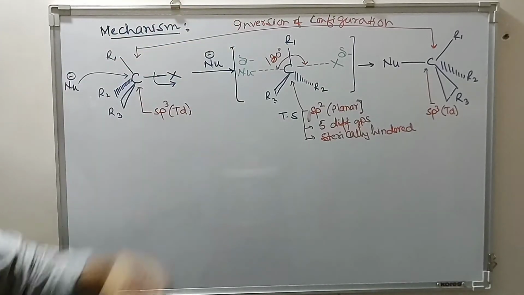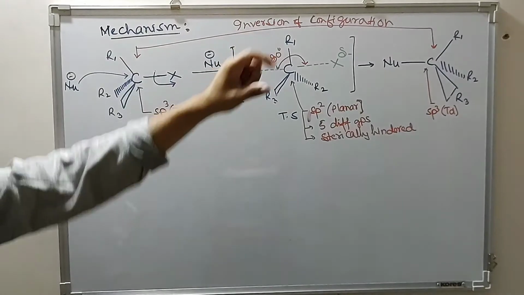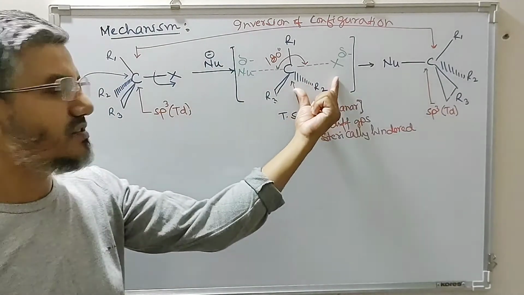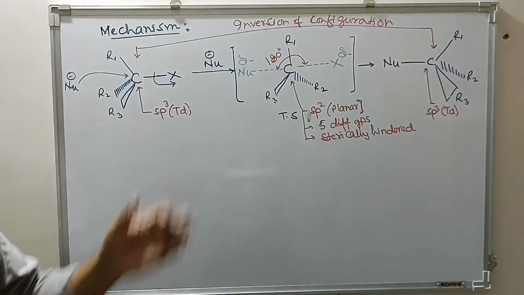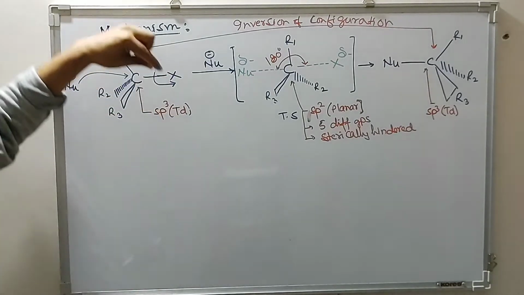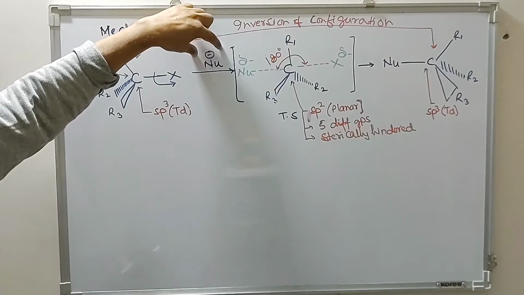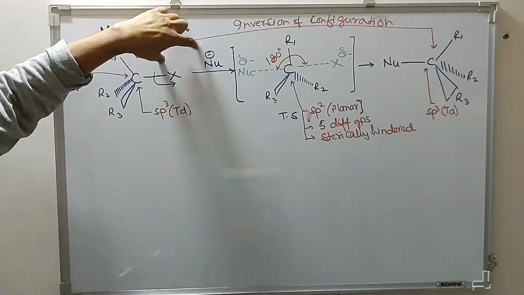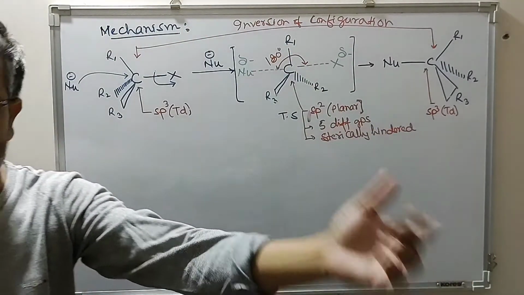Now, as I told you earlier, this reaction is single step. This is a single step in which the transition state is assumed to form. Now, during the course of the reaction, look, two molecules are involved, that is alkyl halide and nucleophile. So since two species are involved, the molecularity of the reaction is 2.